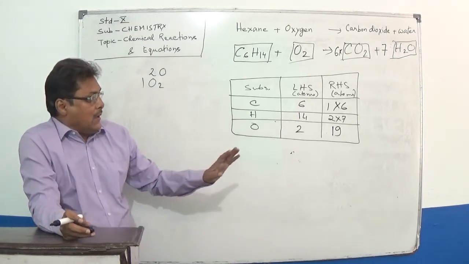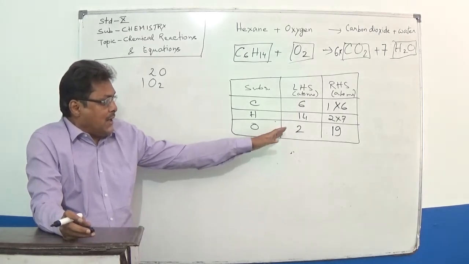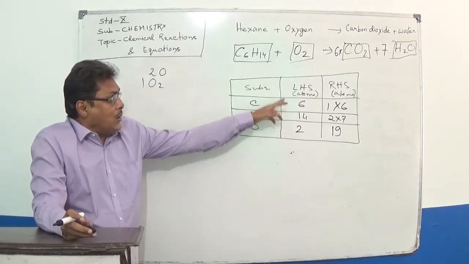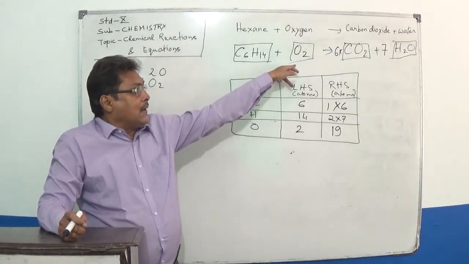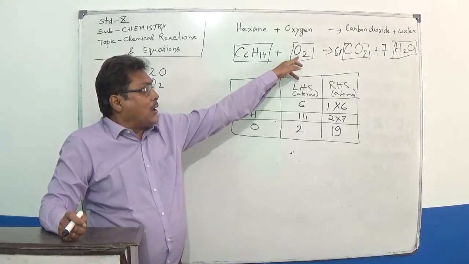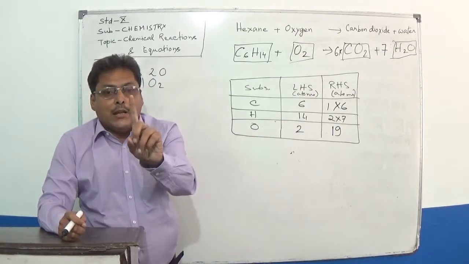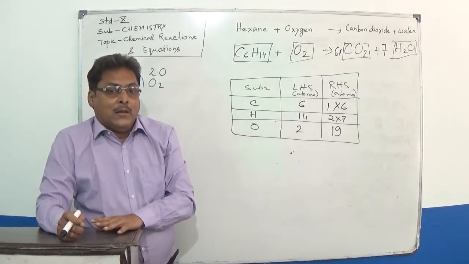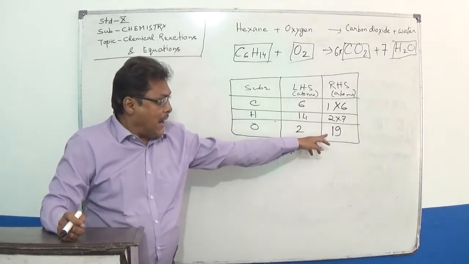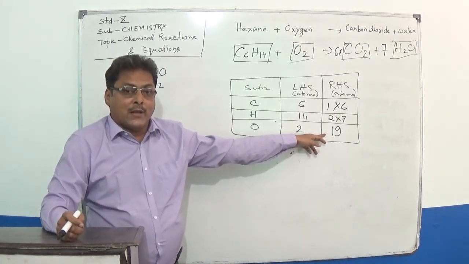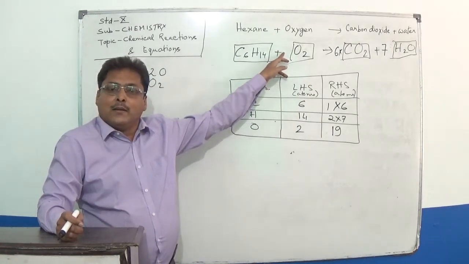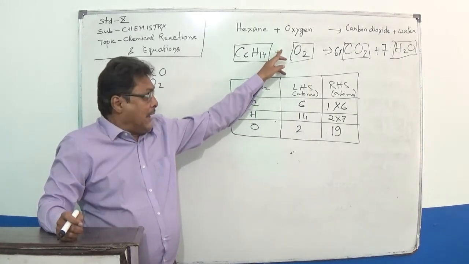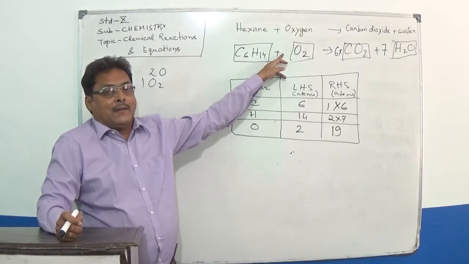But we cannot just change it into 2 into 19 on this side, because you remember here the 2 oxygen atoms are actually in the molecule form. So to have 19 atoms, how many molecules must we be taking on the reactant side?